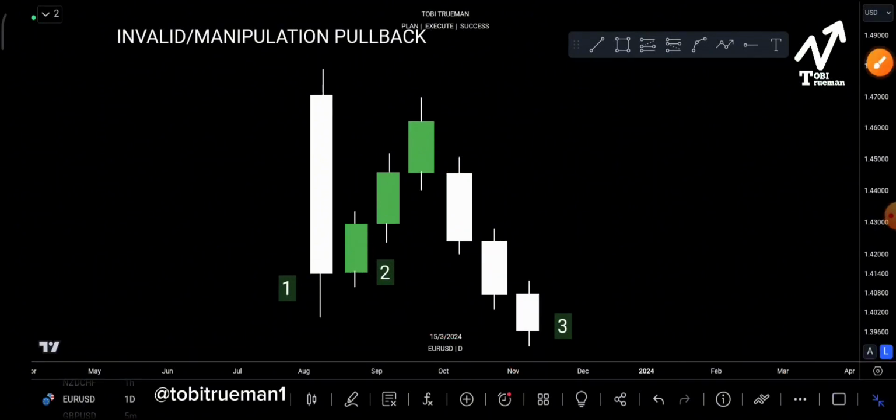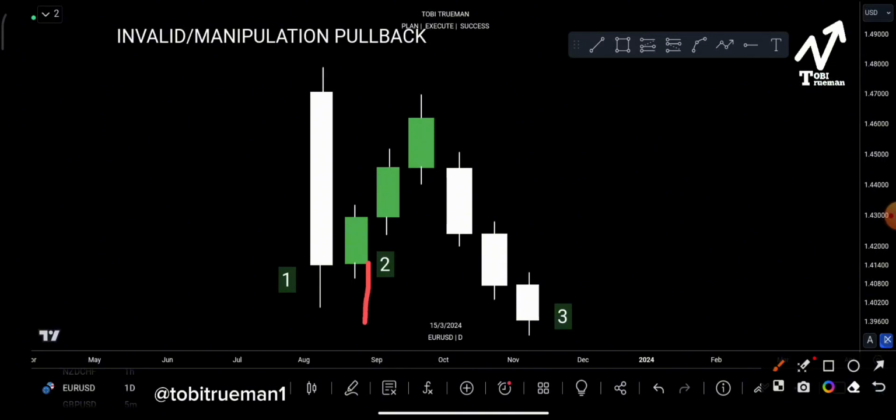Are you getting it? Because once the low point of candle 1 is taken out, this candle 2 wick will become our new low point. Then price will take out just the high point of candle 2. Okay, this is the low point of candle 1, because that was the low point before price began to form these other candlesticks in the upward direction, because the market is making a downward movement.